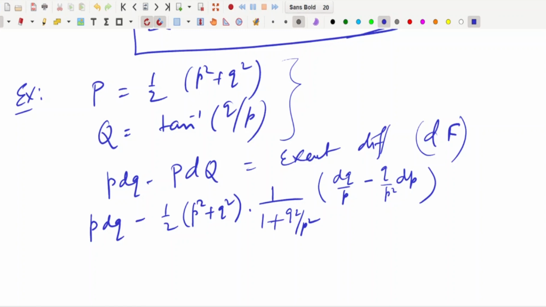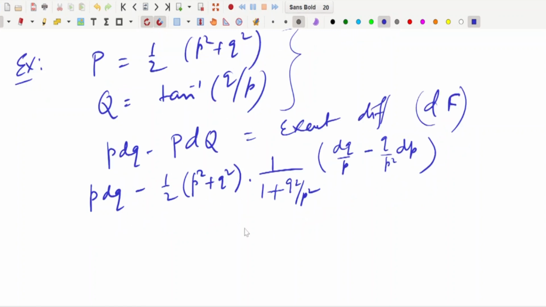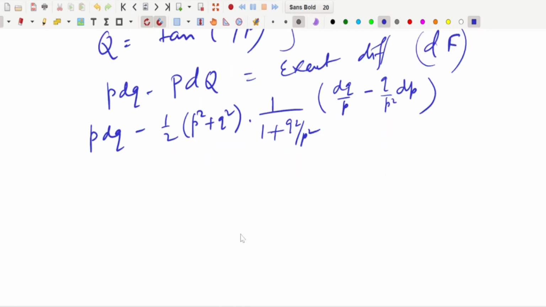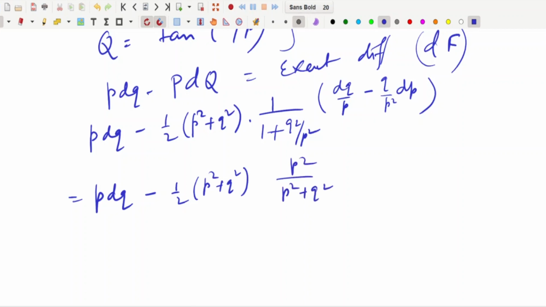Okay, so this is the differentiation of tan inverse q by p. Now let us simplify this. So p dq minus half p square plus q square, and if I take p square upside, it will be p square plus q square into dq by p minus q dp by p square.